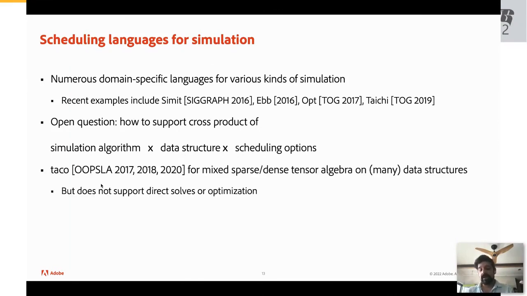Towards that, the tensor algebra compiler, or TACO, really tries to think about the low-level operations that are common across many of these simulation algorithms. So this really takes care of sparse and dense tensor algebra. However, it does not support some of the fundamental building blocks, such as direct solves or optimization, which continue to be open problems in scheduling languages.